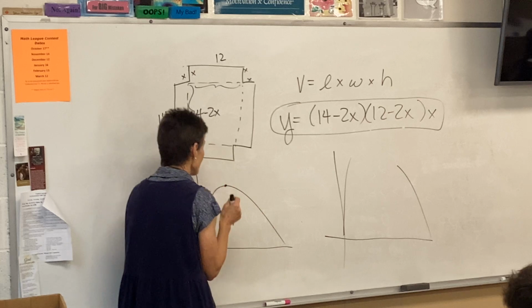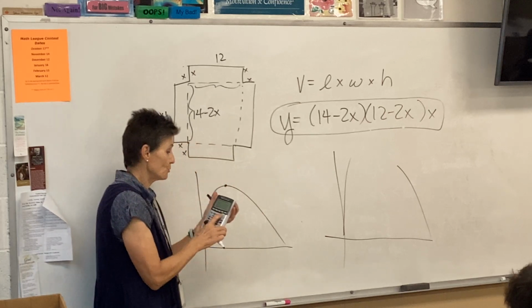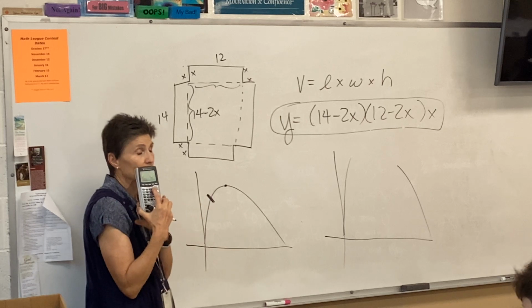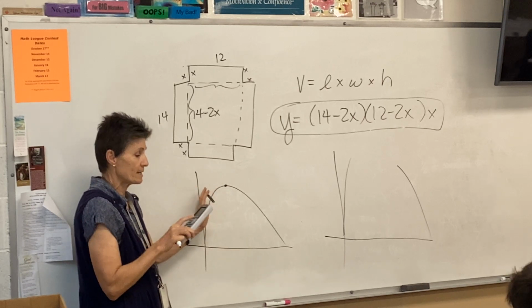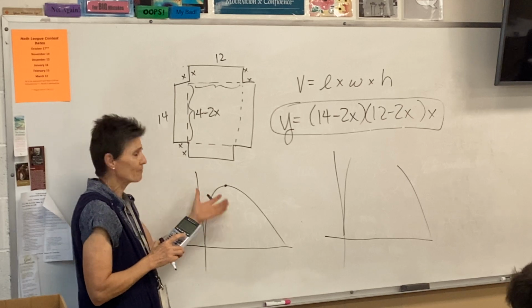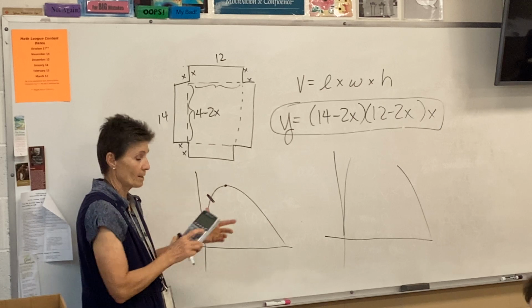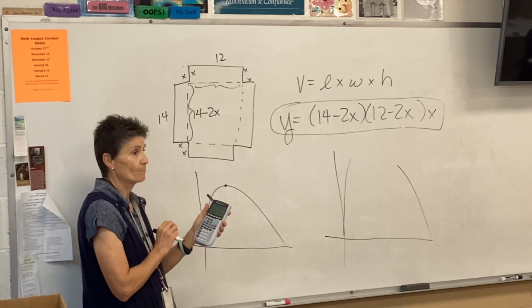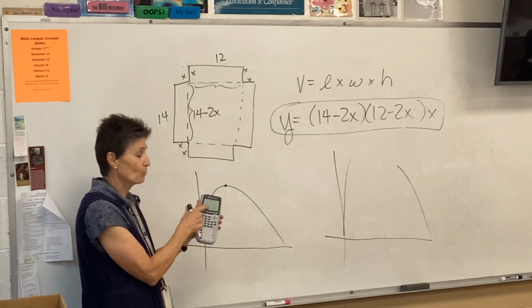So use your arrow button and move your cursor to the left of the point you're looking for, and press enter. Now the calculator says, what's your right bound?